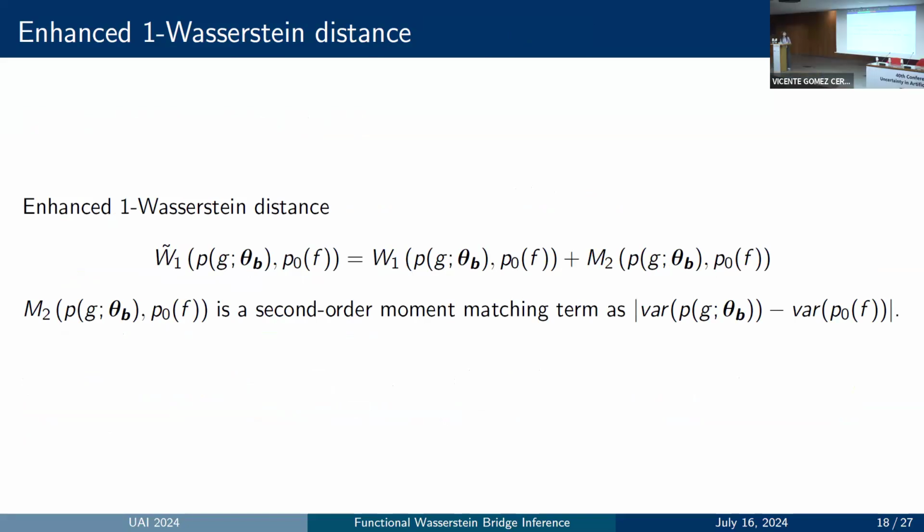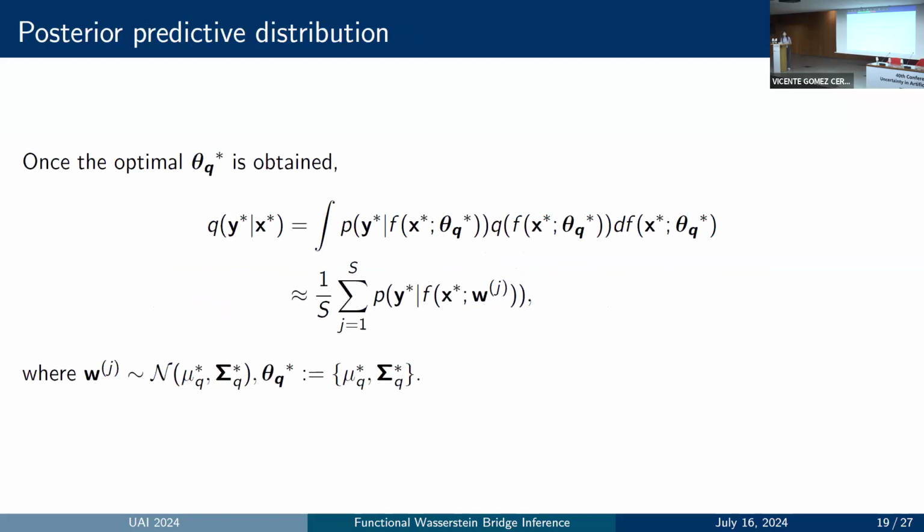We further proposed an enhanced version of the 1-Wasserstein distance with an additional second order moment matching term denoted by this M2, and we use it in the FWBI in practice. And finally, once the optimal theta Q star is obtained, the posterior predictive distribution can be obtained by this integration process, and we can use Monte Carlo estimation for it.